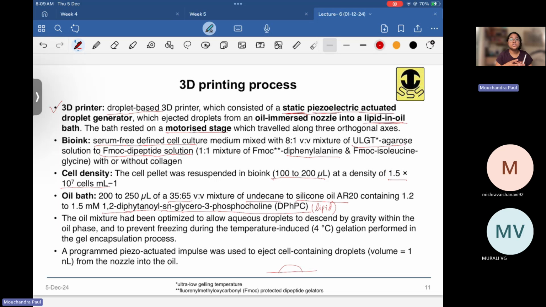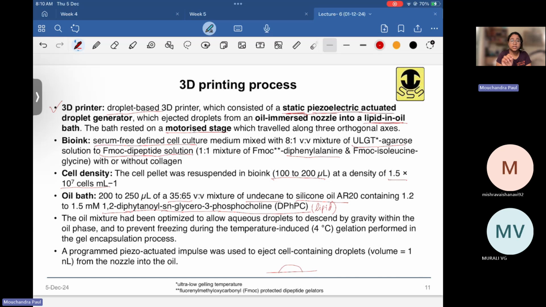And to preserve the shape, they have to keep it at 4 degrees Celsius for a few minutes, like 20-30 minutes. During that period of incubation at low temperature, oil preserves the structure as well as prevents freezing of the droplets.